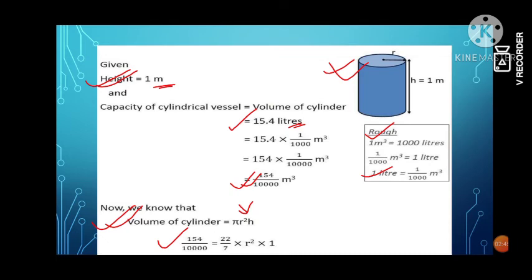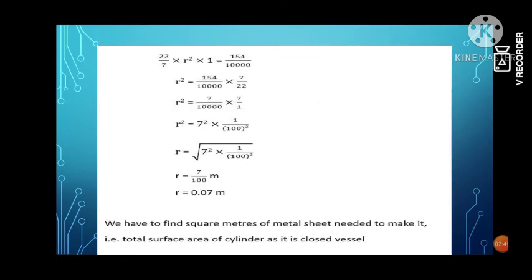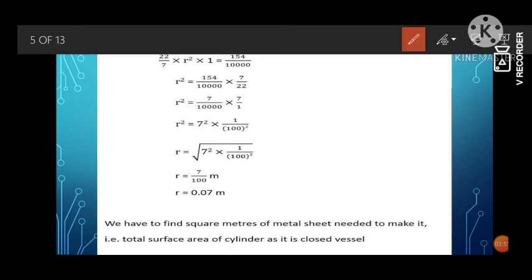Since pi is not stated, we will use 22 by 7. Now on isolating r, we will get r square is equal to 154 into 7 by 10,000. If we divide by 22, we will get this as 7.